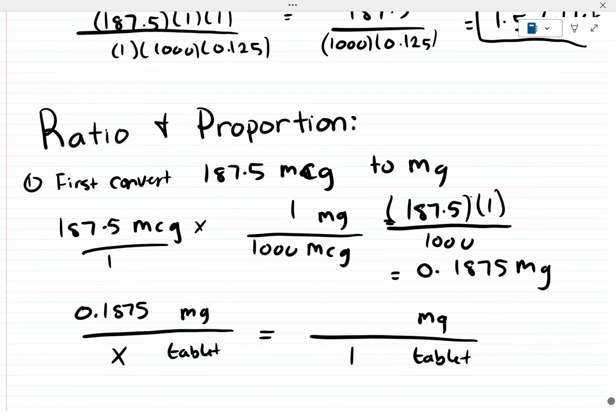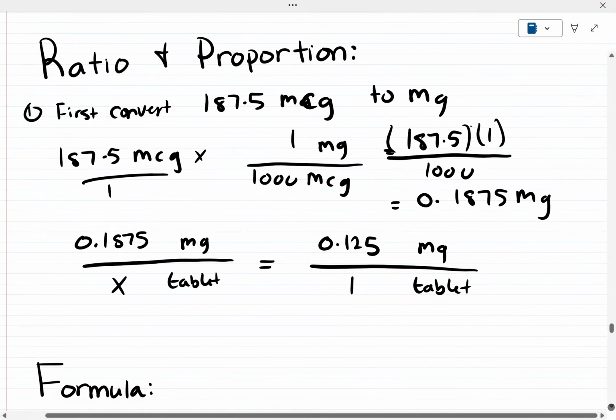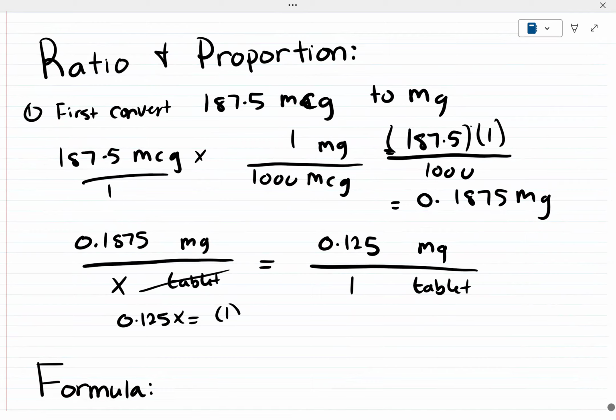For one tablet, it was 0.125 mg. And you may cross multiply. So this is going to be 0.125x equals 1 times 0.1875. When you solve for x, you get 1.5 tablets.